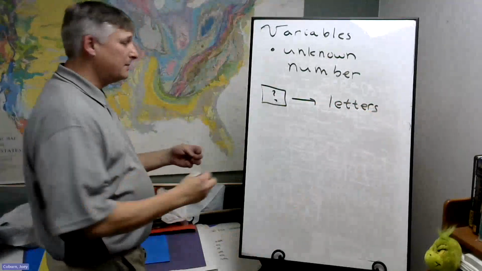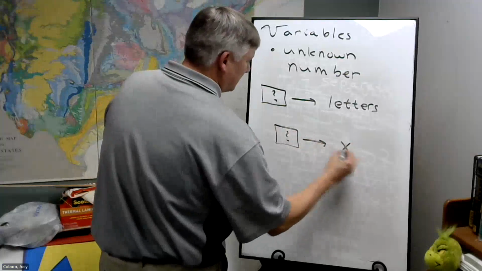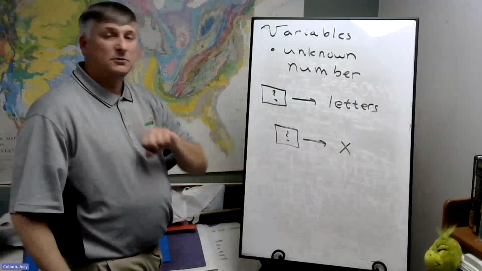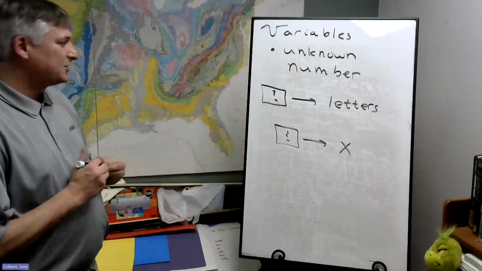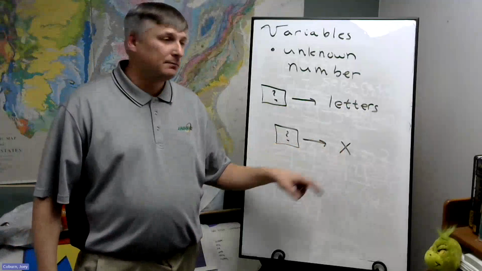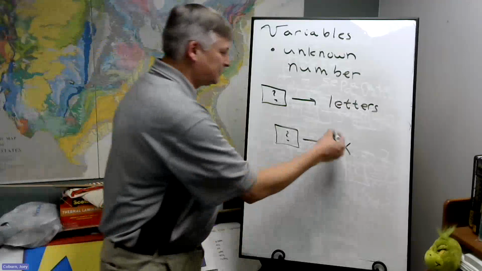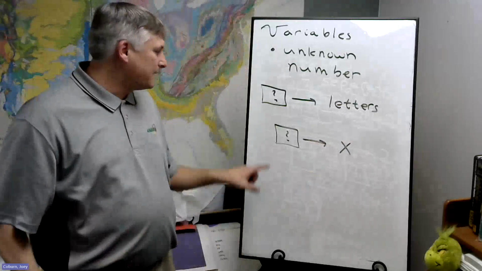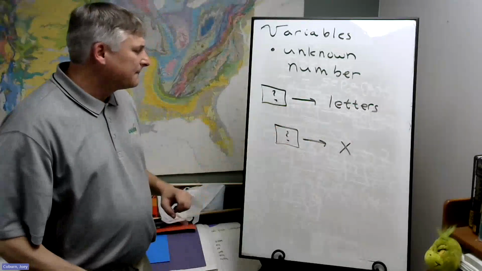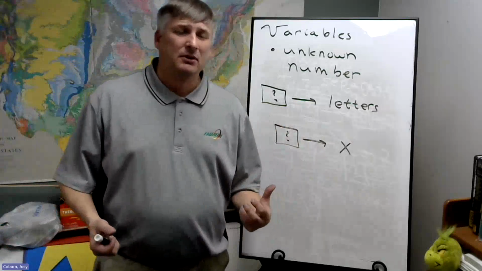And the most common one we're going to use is X. Instead of writing the box with the question mark, we're just going to write the letter X. And why use X? Well, it's easier to write than the box and the question mark. It doesn't look like other numbers.